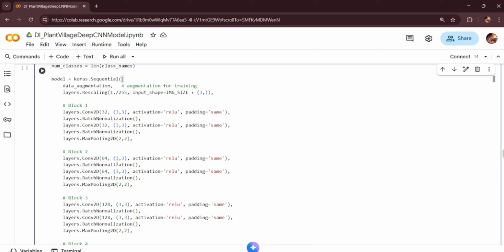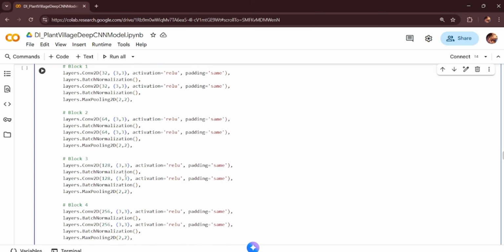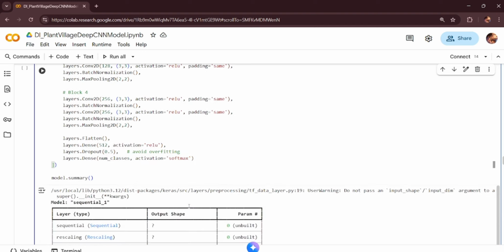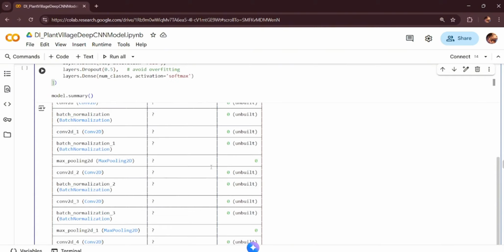After these convolutional layers, the feature maps are flattened and passed through fully connected layers for classification. The final output layer uses the softmax activation function to predict probabilities for each of the 38 plant classes. And here you can see the model summary.